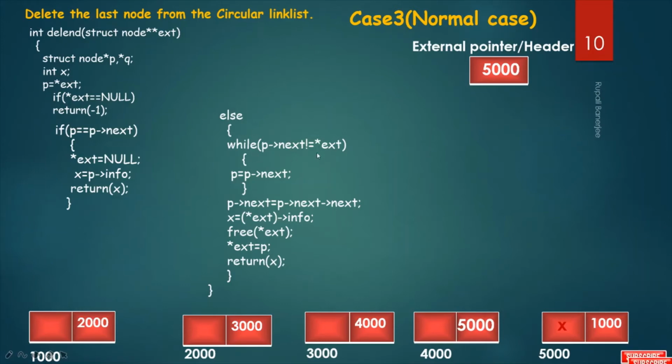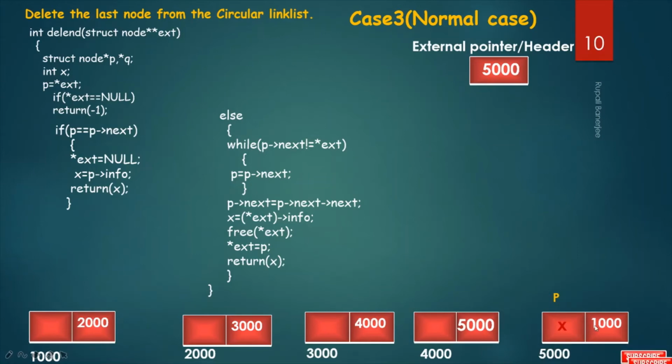While p arrow next not equals to star ext, means p arrow next is star ext. Star ext means 5000. Till the node whose next is star ext, I have to traverse the whole linked list. So first time, what is p? P is star ext. P is this 5000. So this is P. Now check, is P arrow next star ext?